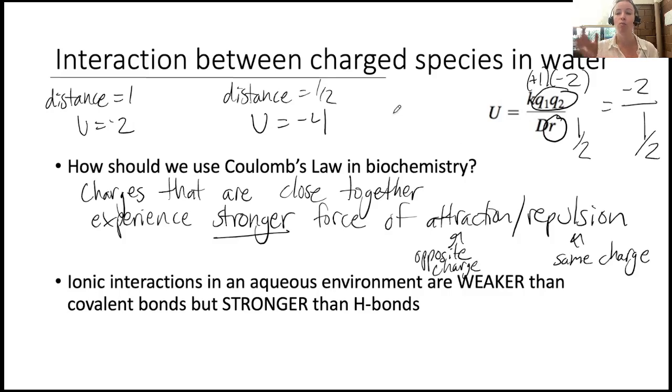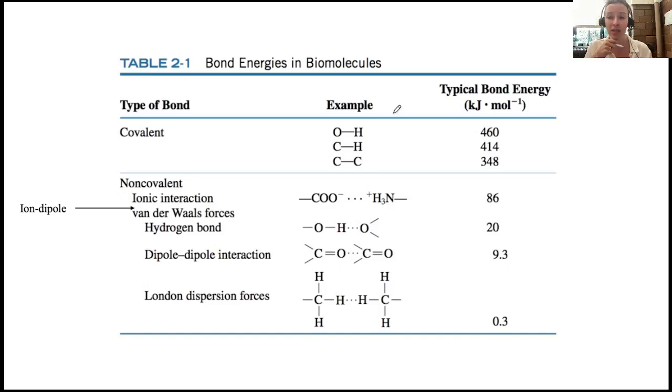But I want to talk about more than just ionic interactions in water because we'll see all types of interactions this semester. So I'd like to give you this table to synthesize knowledge that you really already have coming into this class, but I think it's summarized very nicely. This table shows us the bond energies in biomolecules, how strong, how weak. So of course, at the very top in terms of strength are covalent bonds.